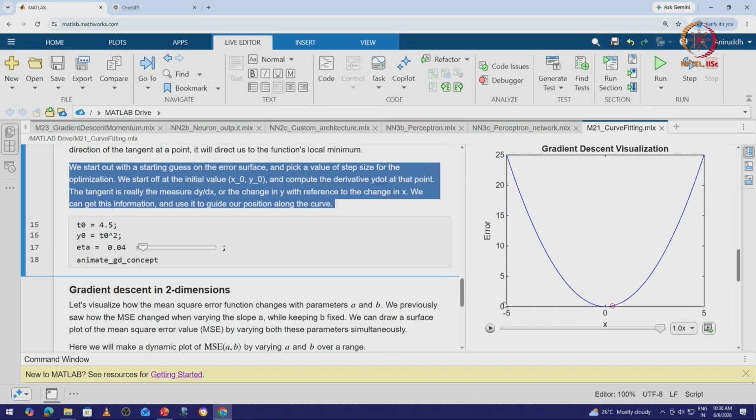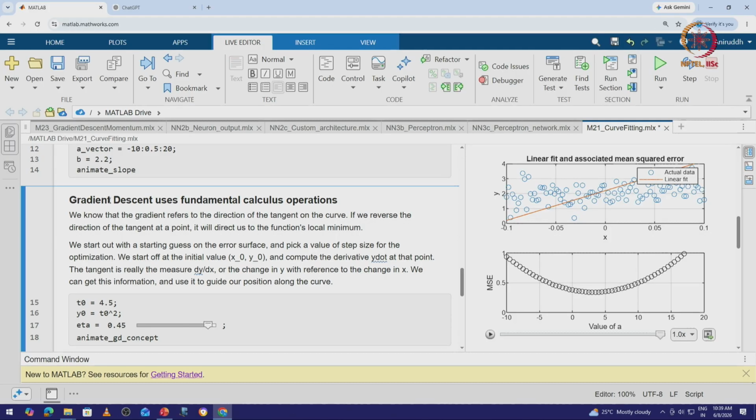Now this is also an example that we can see where let's assume that we have eta, which is a learning rate, and we give different values of x to understand the curve. If we use gradient descent, we can see that although we start at a random point, using this particular logic we do come to the minimum, right.